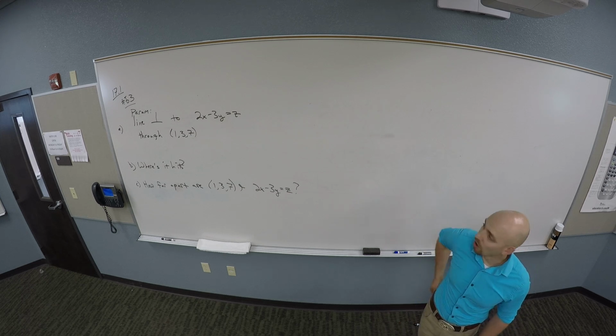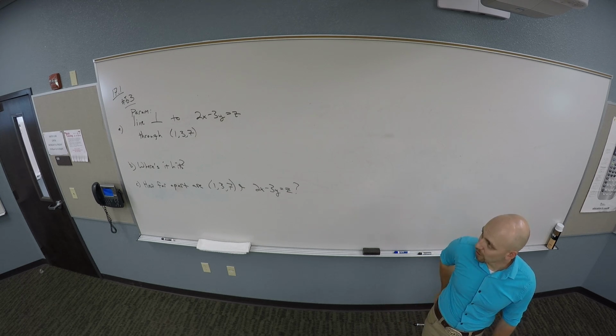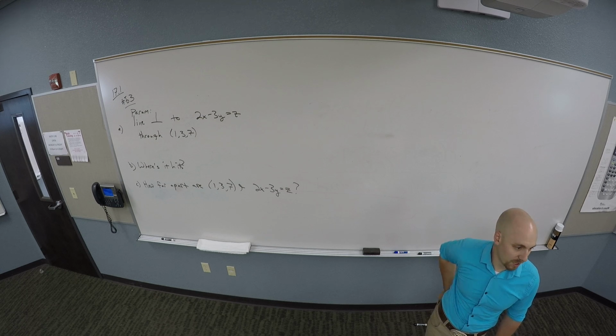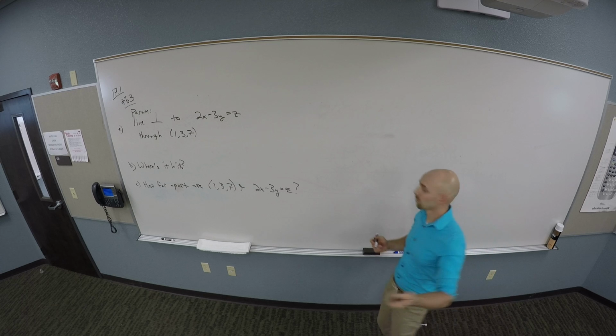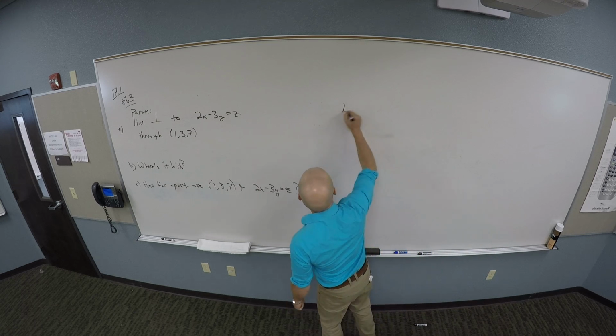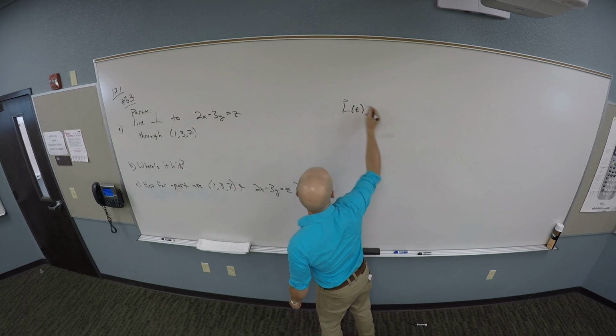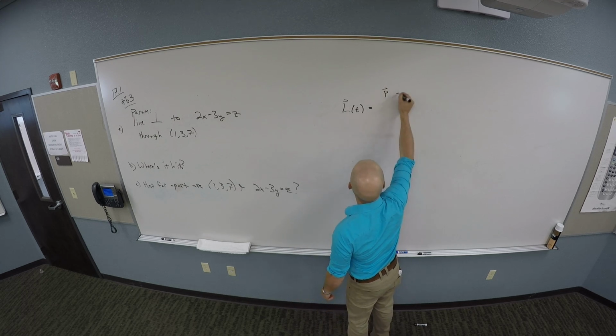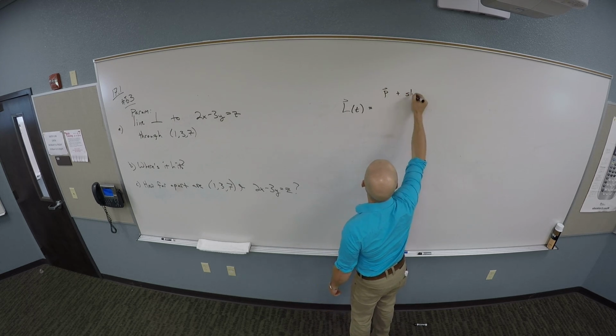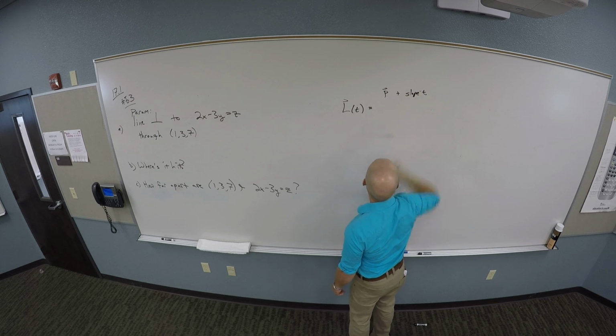So I want a line perpendicular to a plane through a point. So what do I need to make a line? Normal vector. Okay, so I want to think about my line as some starting point plus slope times time, right?